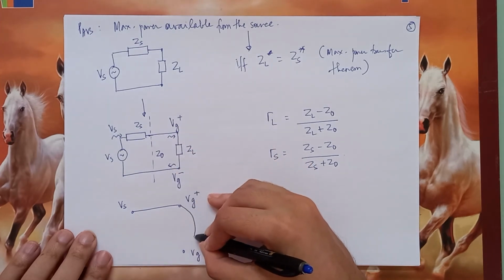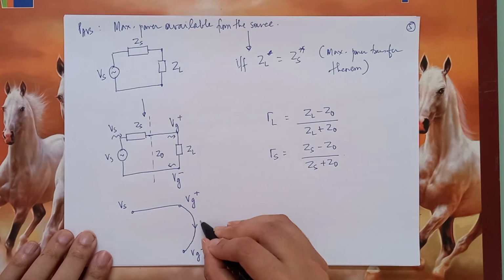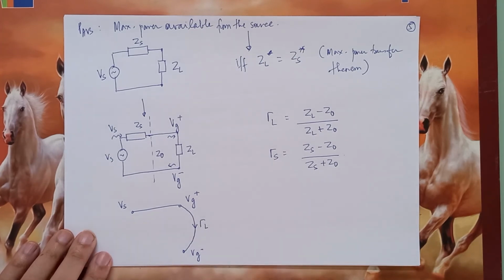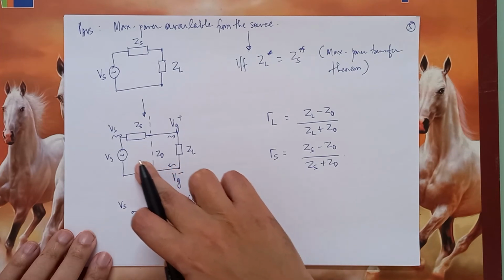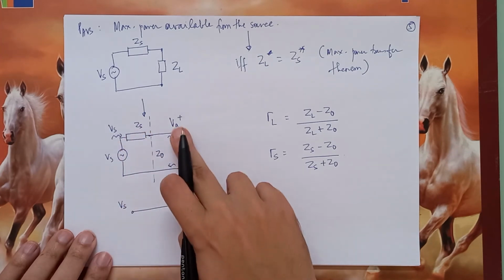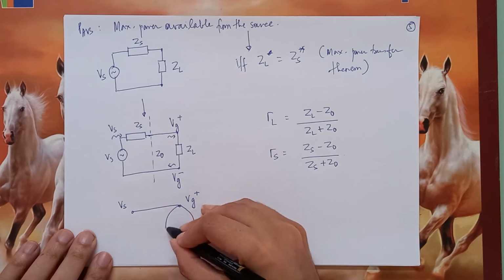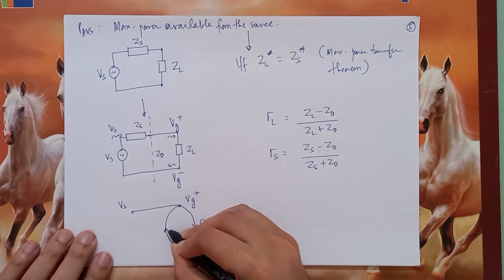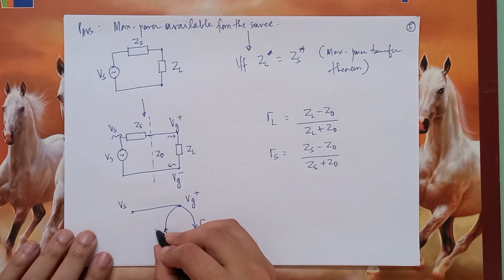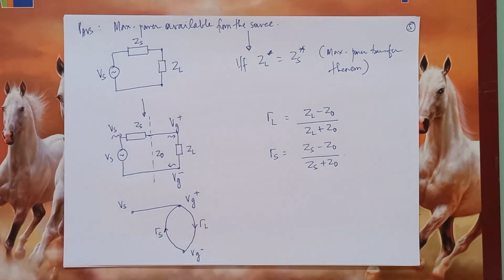Therefore, the load reflection coefficient will be this branch, gamma L. Now, as I said, Vg minus also undergoes a reflection at the source and becomes Vg plus. So therefore, there will be one more branch. We will call this gamma S. This is the signal flow graph. This will be one.